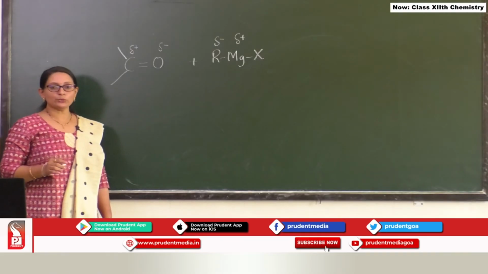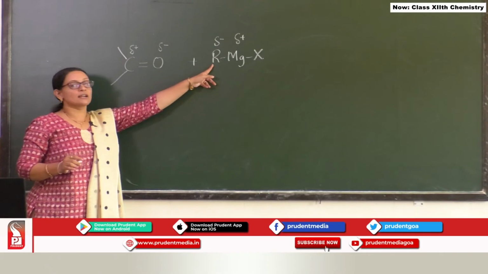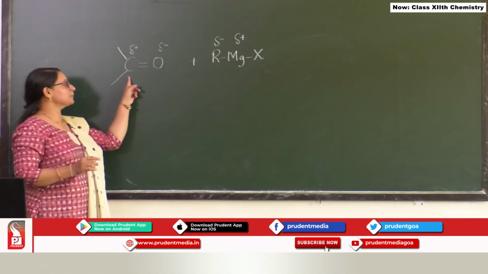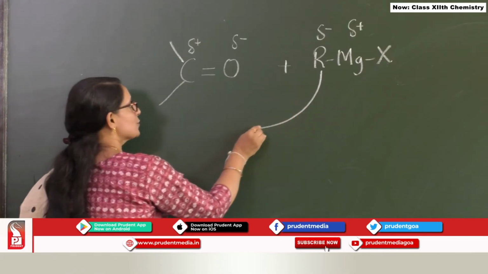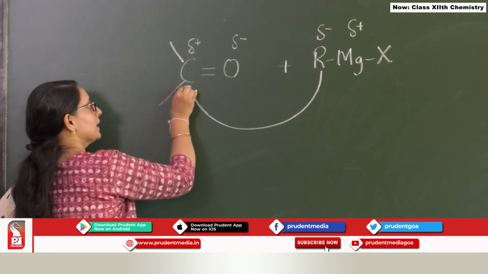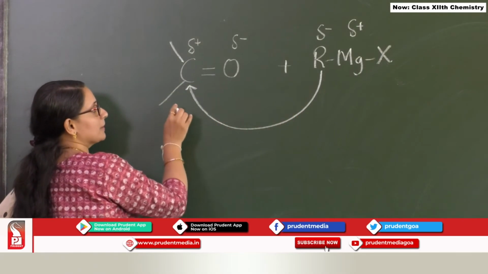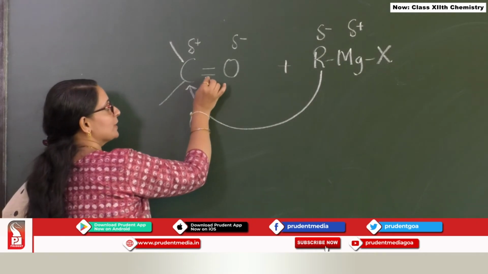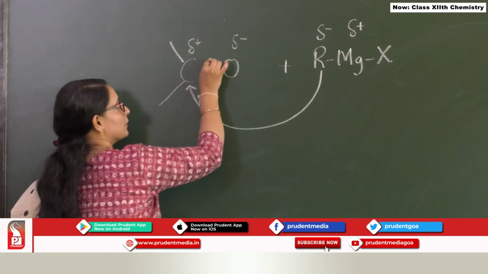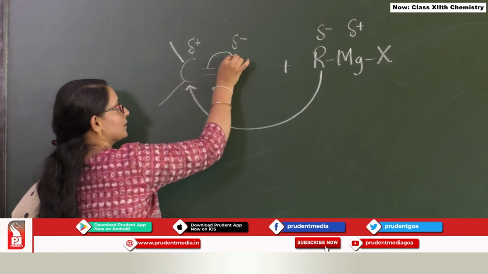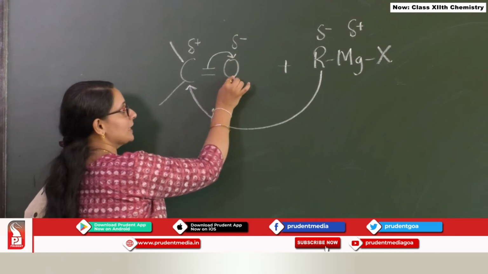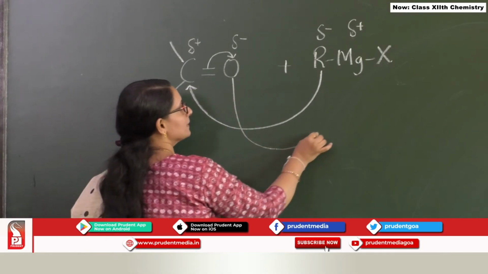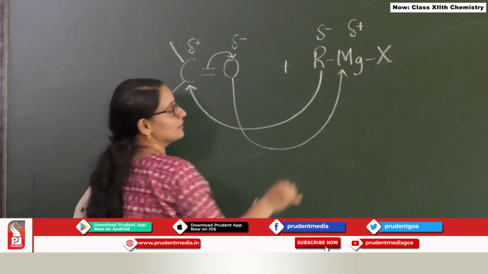Now I want to show you the attack of this alkyl group on the carbonyl carbon. How is it going to attack? This alkyl group is going to attack this particular carbonyl carbon. Now carbon is going to become pentavalent, so this pi electron pair is going to shift to this oxygen. Now oxygen is negative. As a result, this oxygen is now going to pick up this magnesium halide.